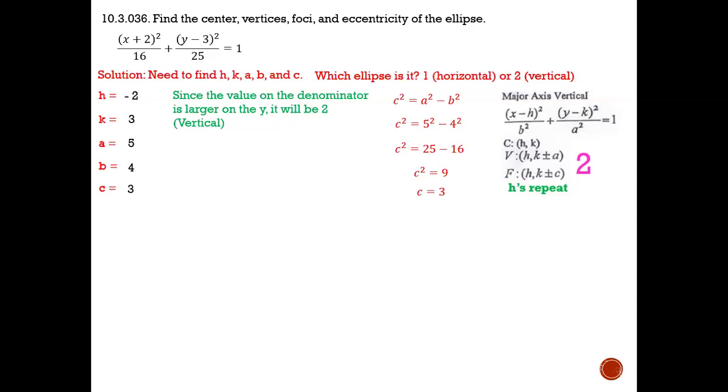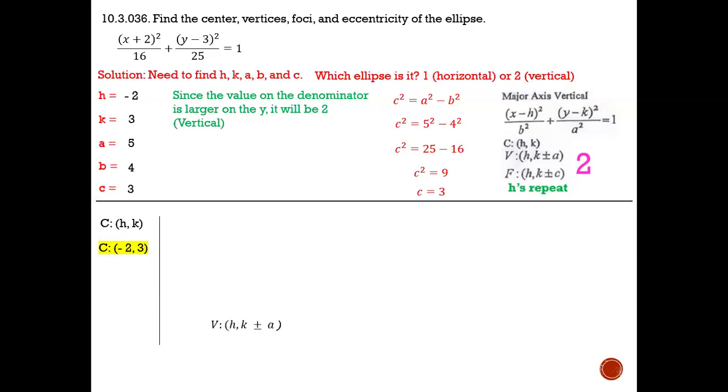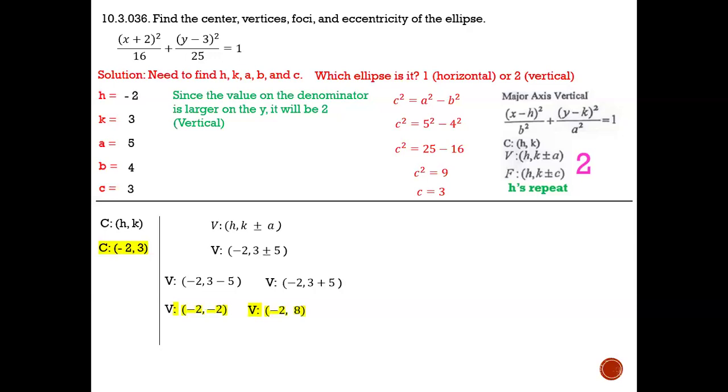So now I can find what they're asking me. My center is at H and K, which is -2, 3. My vertices, plugging them into my formula, are going to be -2, -2, and -2, 8.